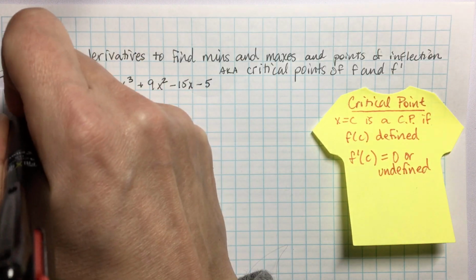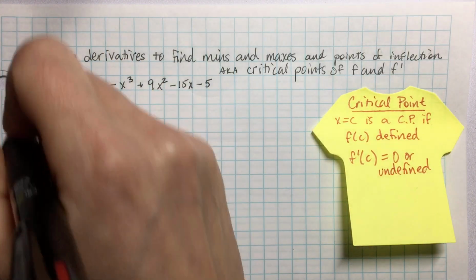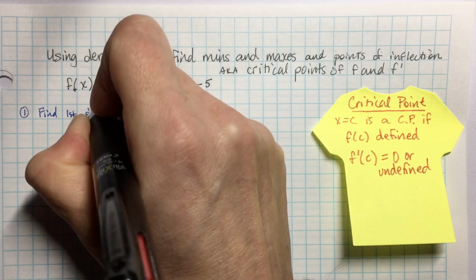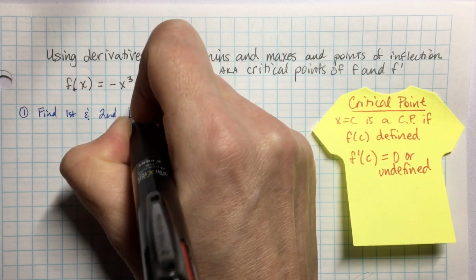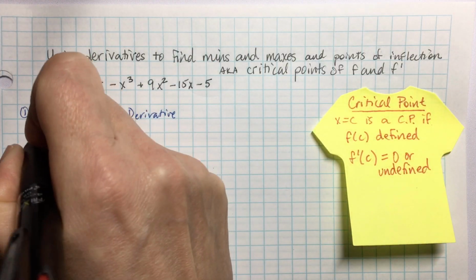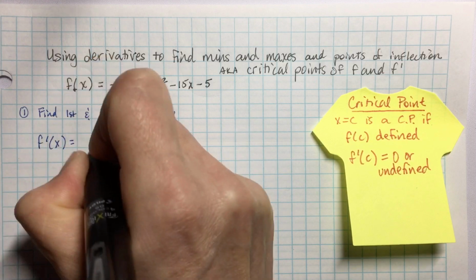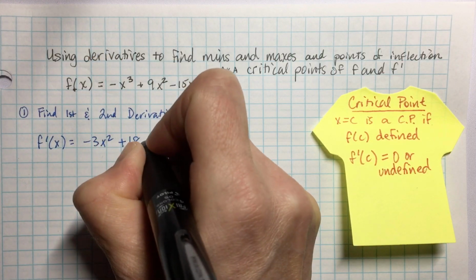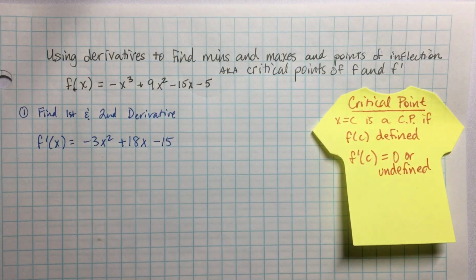So our first step is we're going to find our first and second derivative. So f prime of x, we get negative 3x squared plus 18x minus 15.